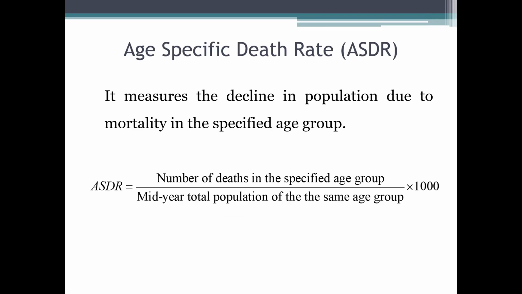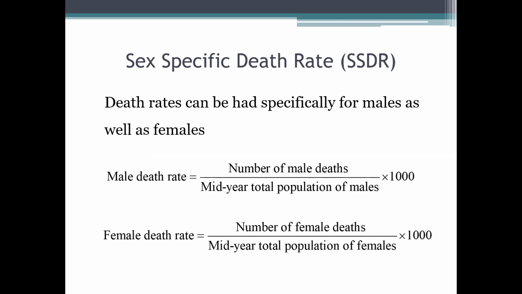Next, age-specific death rate. In age-specific death rate, the number of deaths in the specific age group is divided by the median total population of the same age group and multiplied by 1000. This is the formula for age-specific death rate.